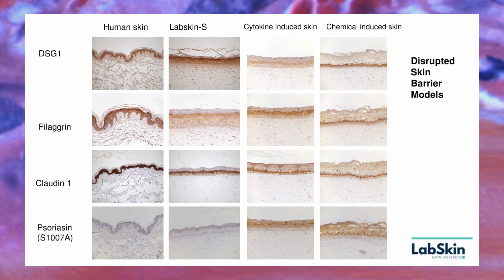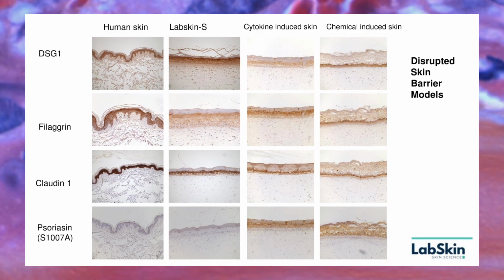We initially tried 2 methods, applying a known chemical irritant into the media and also using a cocktail of cytokines that are known to be elevated in atopic dermatitis. This slide shows that both methods can induce the epidermal spongiosis, but that the cytokine cocktail appears more controlled.